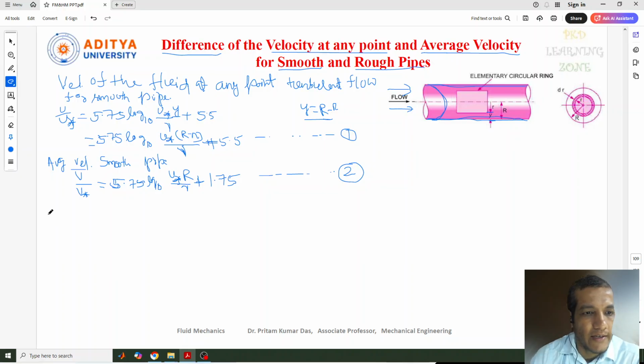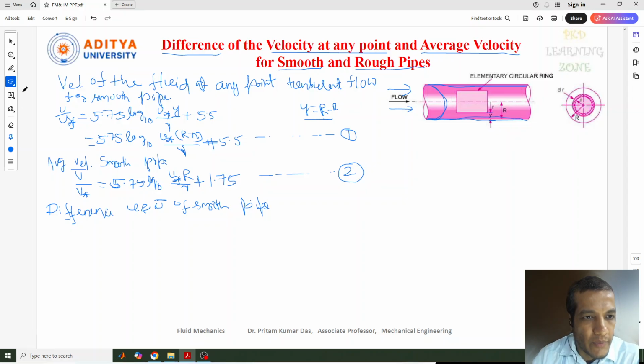Now let's write the difference between u and u average of the smooth pipe.